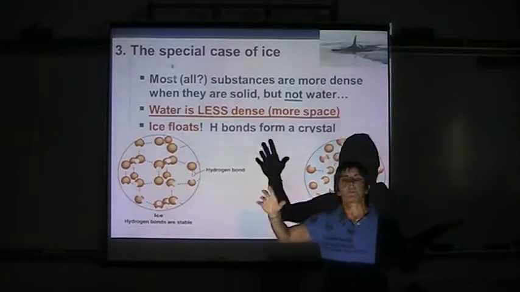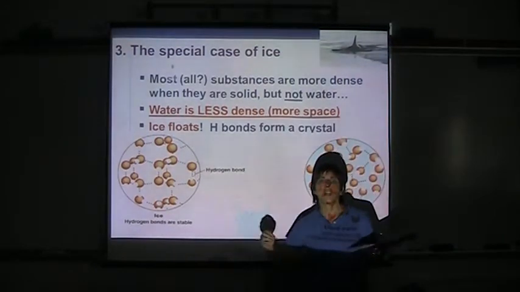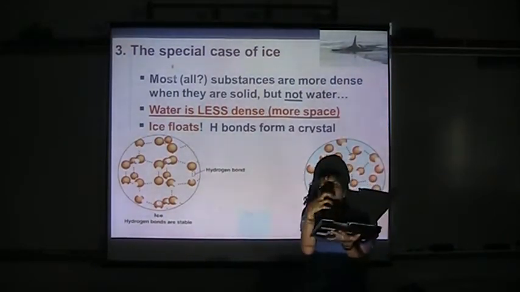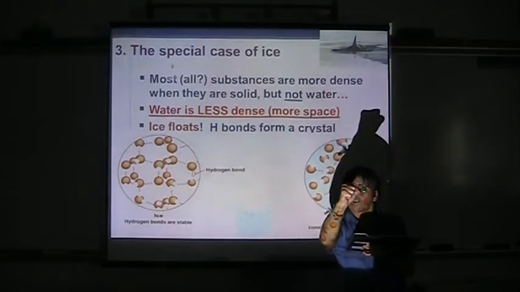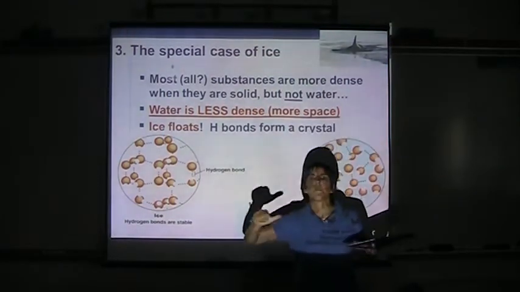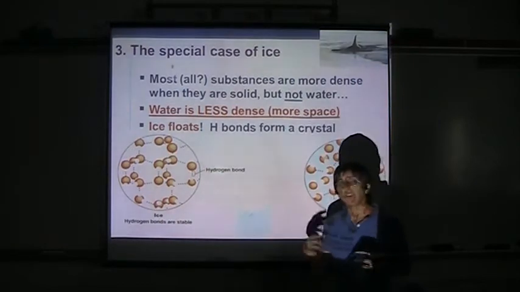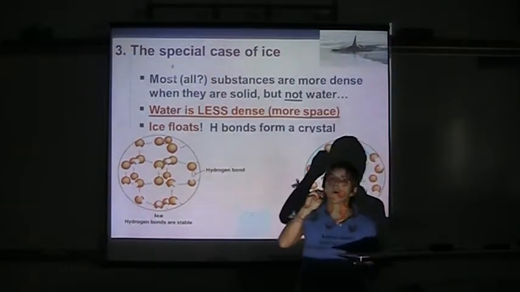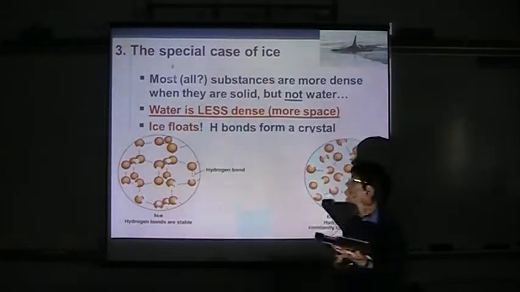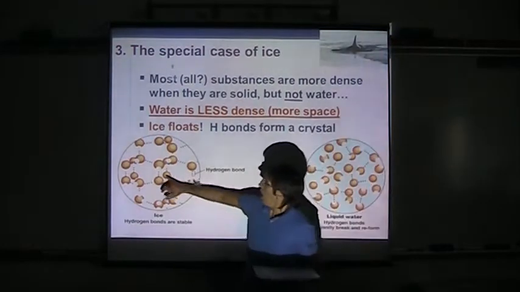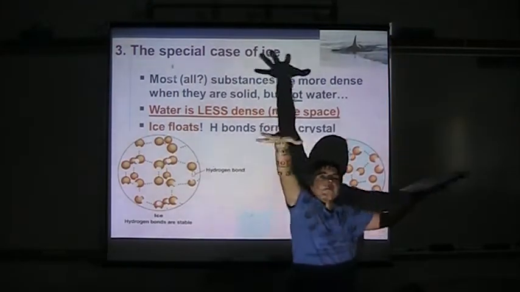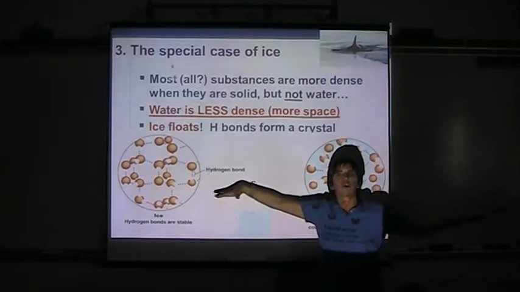Every single molecule, when you freeze it, when you make a solid, because in a solid the atoms are compacted together, they occupy less space. Water is the opposite. You make ice, a solid, and instead of getting smaller, it gets bigger, because the hydrogen bonds are evenly spaced and nicely organized.